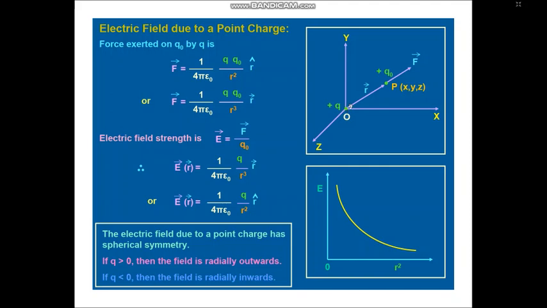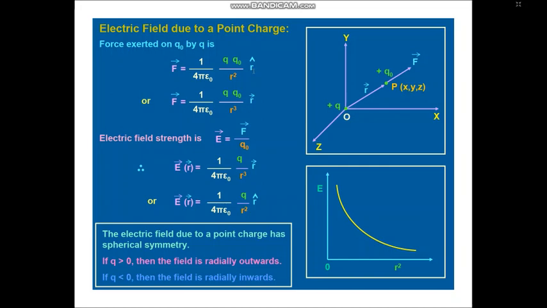For this, place a vanishingly small positive test charge Q0 at point P. The force exerted on Q0 by Q is given by F is equal to 1 by 4 pi epsilon naught Q Q0 by R square R cap.